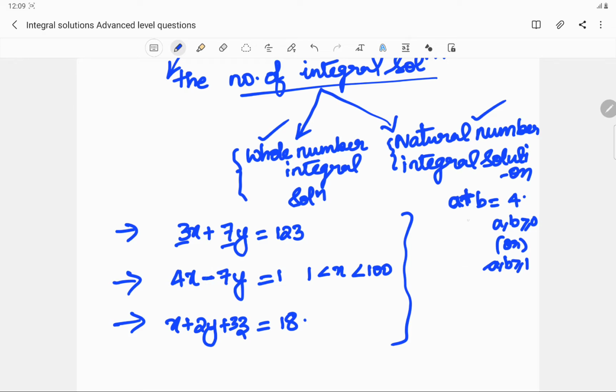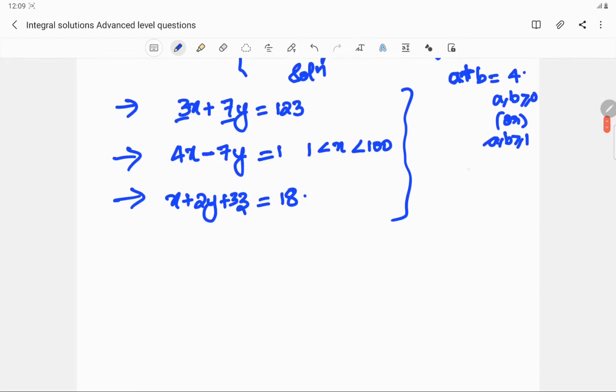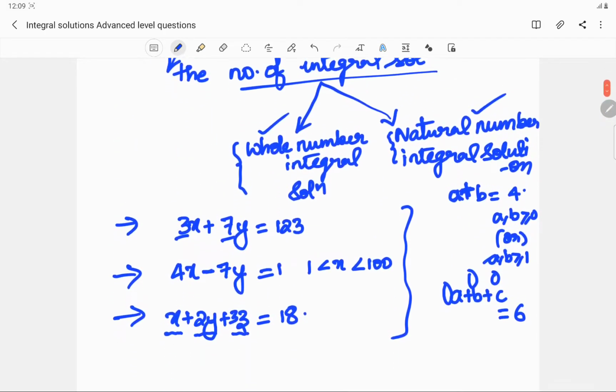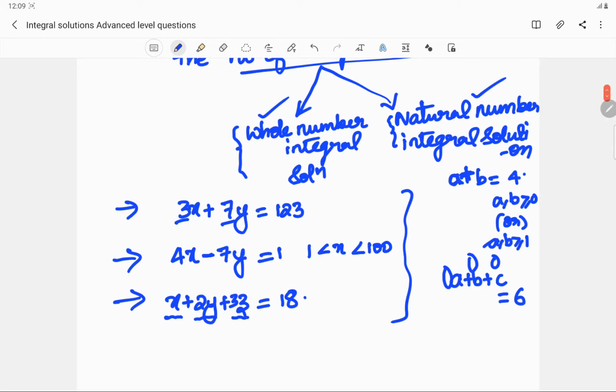And earlier, even if it had three variables, it was of the form a plus b plus c equals 6 or any other number, with coefficients 1, but here it is something other than 1. So how do we solve when the coefficients of the equation are not 1?